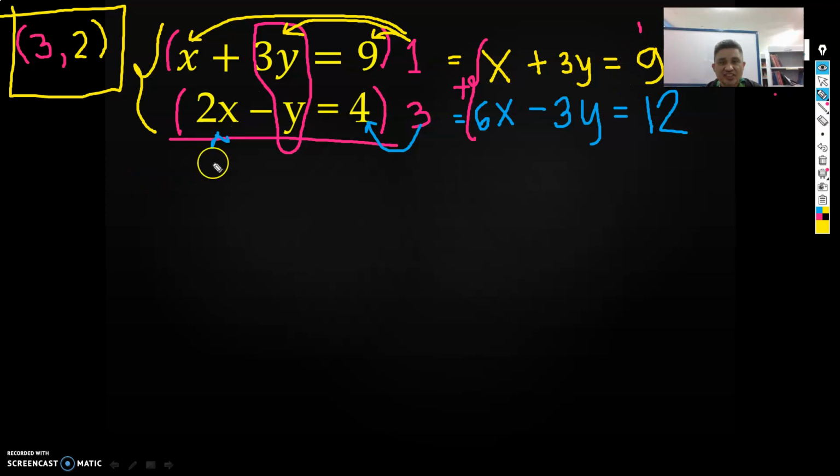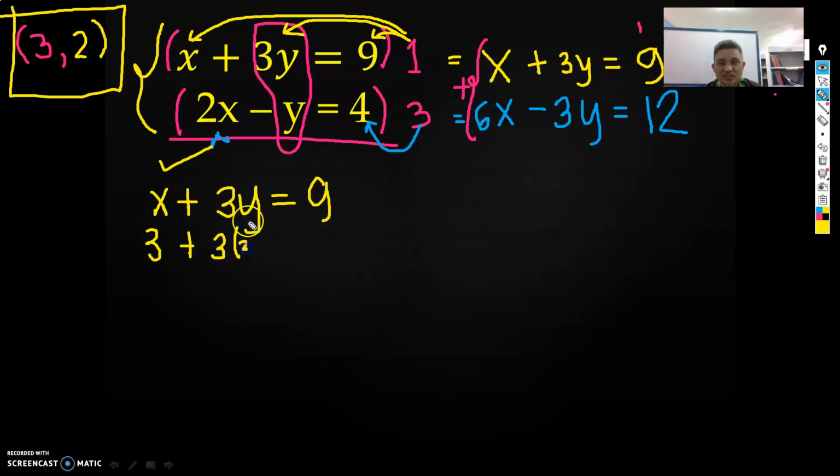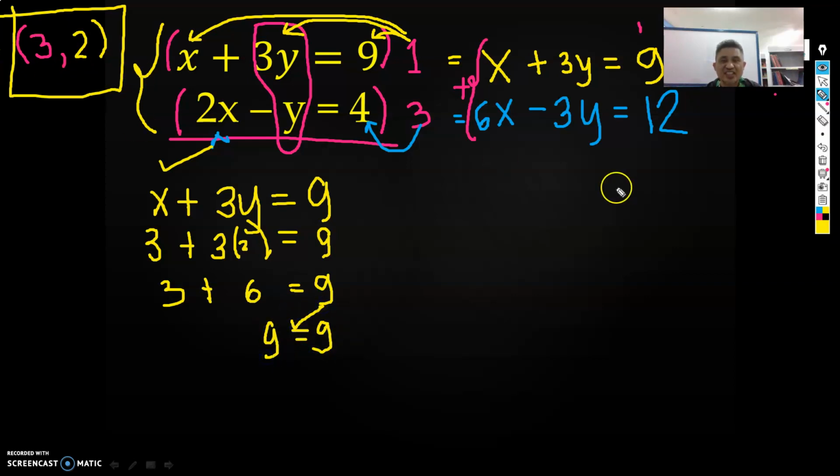Using itong equation na to, checking x plus 3y equals 9. Tapos, 3 plus 3 times 2 equals 9. So, 3 plus 3 times 2 is 6 equals 9. So, 9 is equals to 9. So, tama yung unang checking natin.